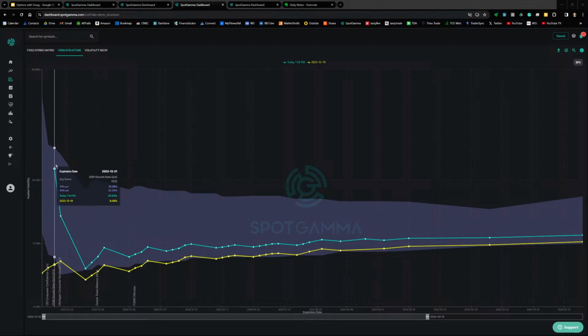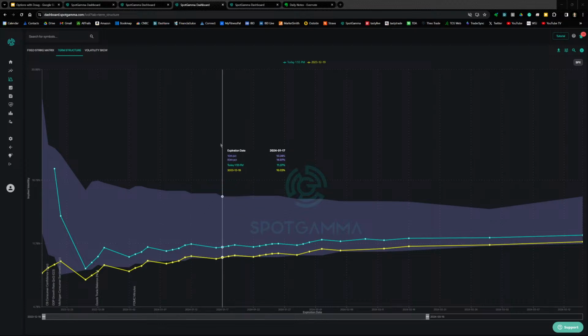So a substantial shift higher in the SPX implied volatility for today and for tomorrow. And then the term structure for next week is close to the term structure from a couple of days ago, just shifted a little bit higher.